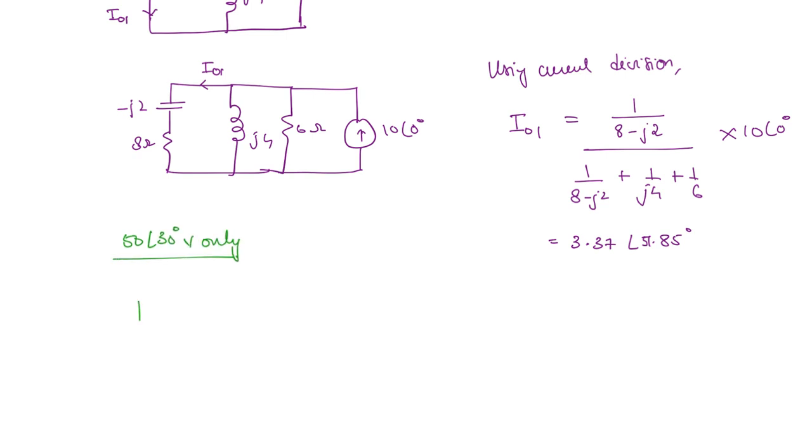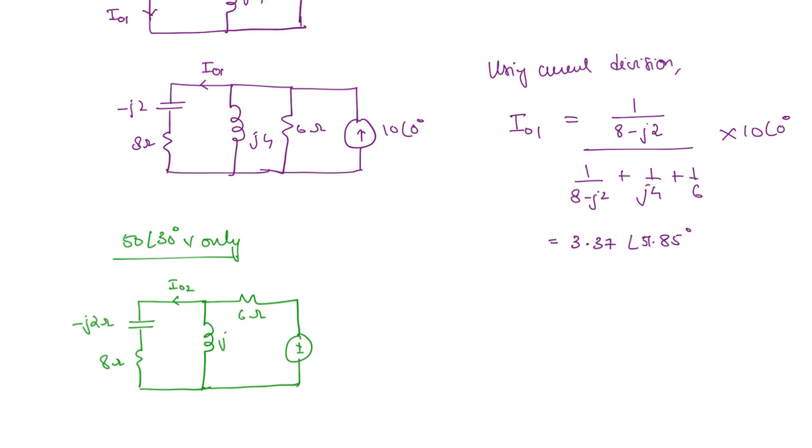This is the capacitor and resistor, this is the inductor, resistor, and here you have the voltage source. Current source is open circuited. This is the current we want, I naught 2. This is 8 ohm, minus J2 ohms, 6 ohms, and J4 ohms, and this is 50 angle 30 degrees.